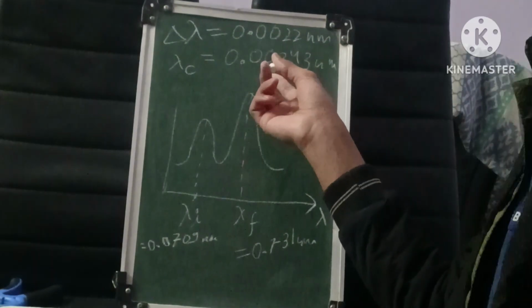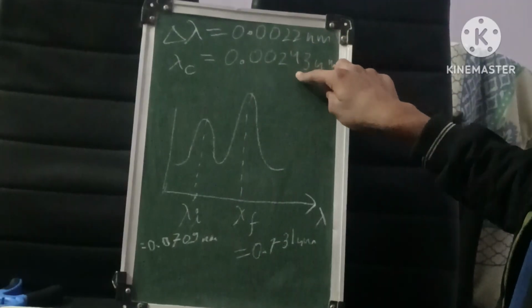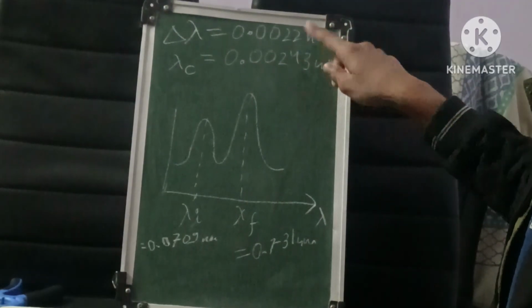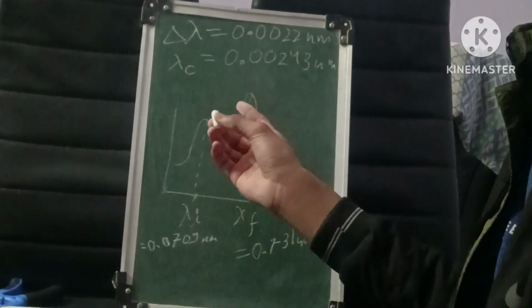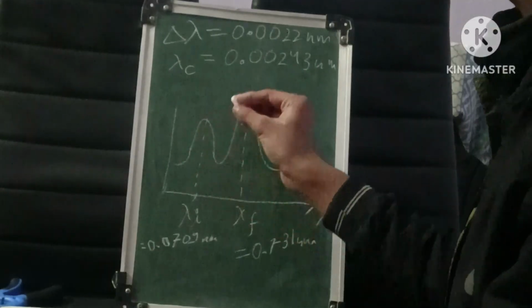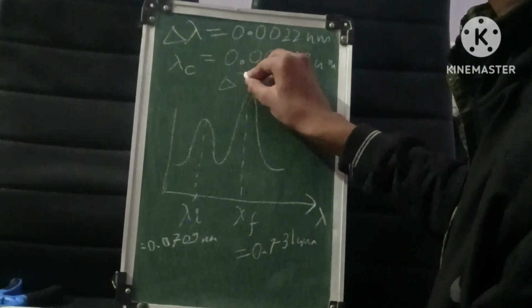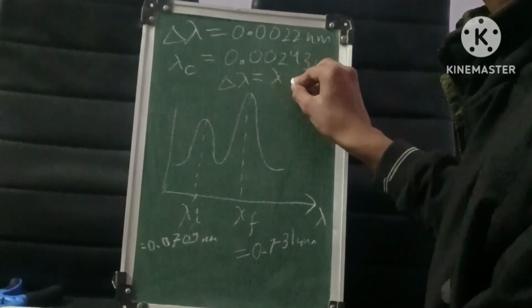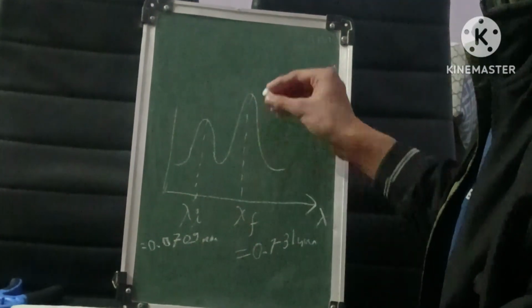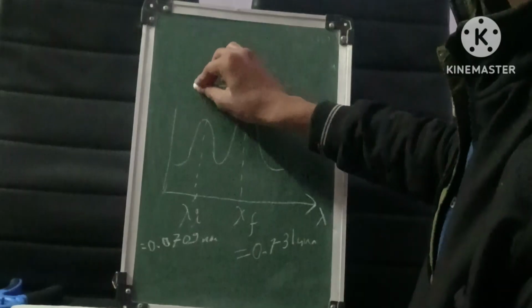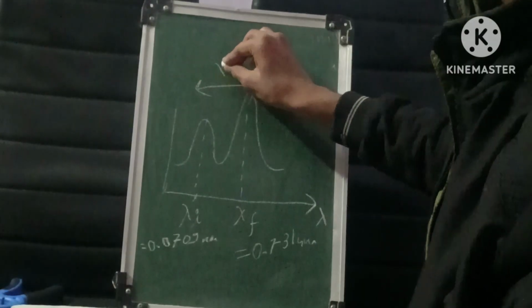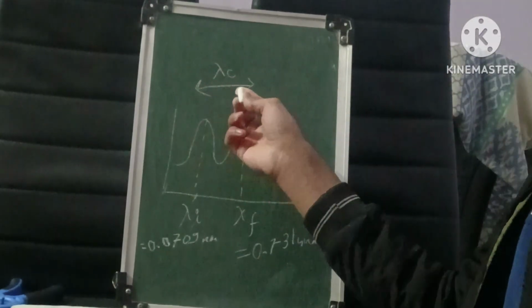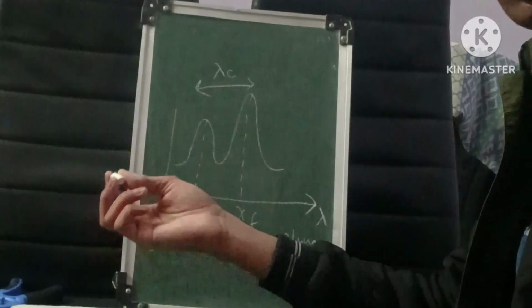You can see that this and this are really close. By the formula we had got that delta lambda is equal to lambda c. So we can say that the distance between this peak and this peak is approximately the Compton wavelength.